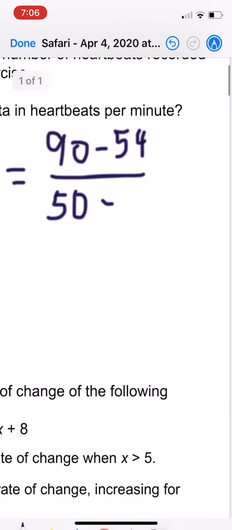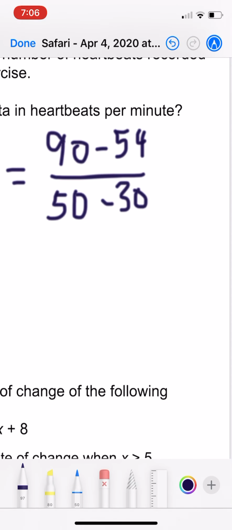And again, we could do y1 minus y2 over x1 minus x2. It doesn't matter as long as you're using a term from the first quantity first in the top and the bottom. All right. So we have 90 minus 54 over 50 minus 30.